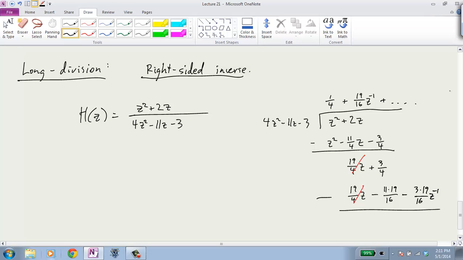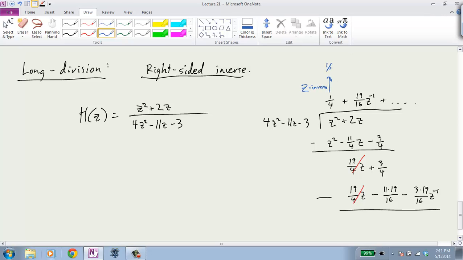This immediately does go to the time domain. If I rewrite this division, this fraction, as this sequence, that's what I've done here. I've done this division as an infinite sequence. But of course, the inverse z transform of each of these is very easy, right? So let's do the inverse z transform.